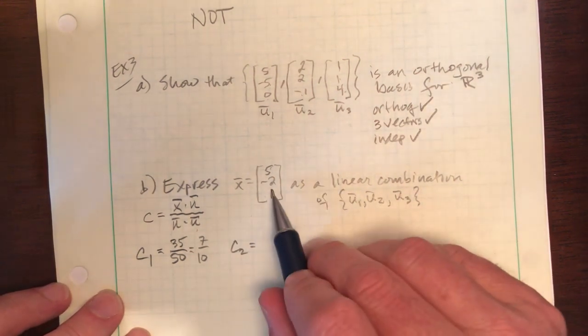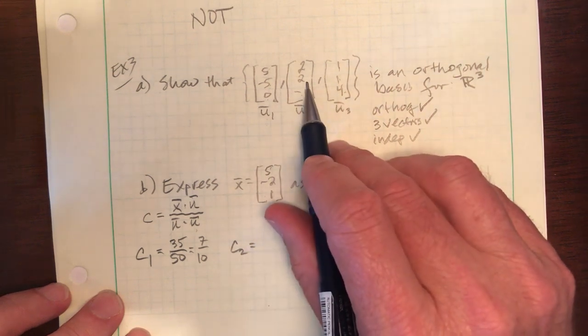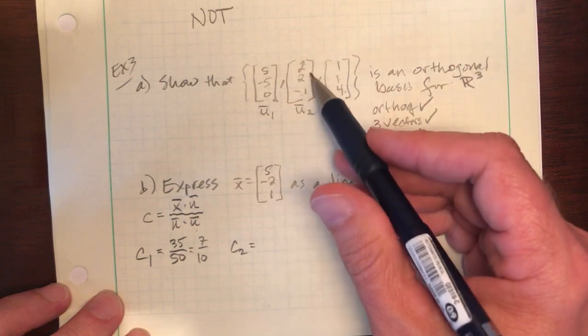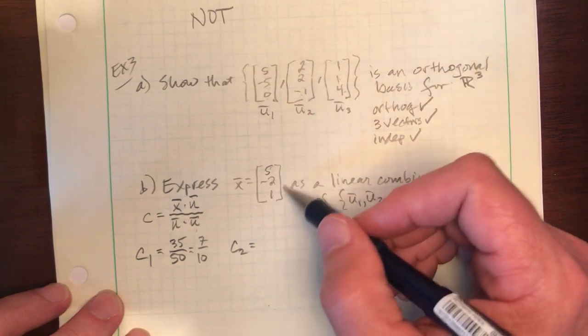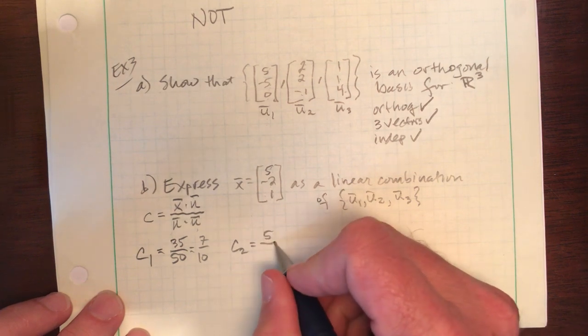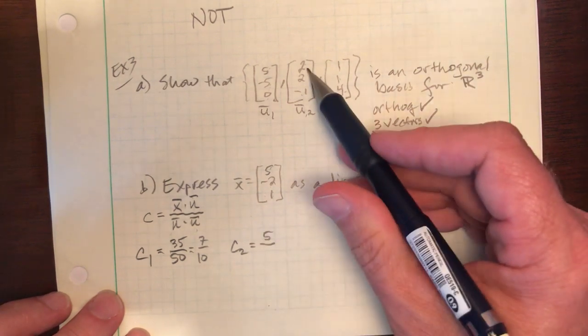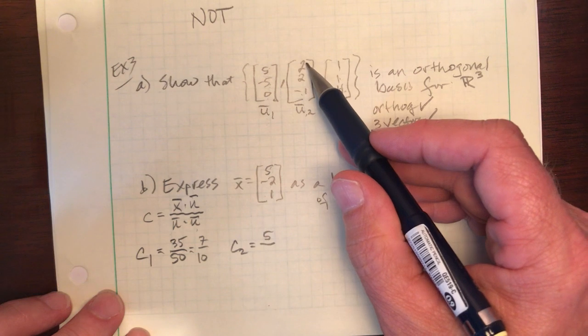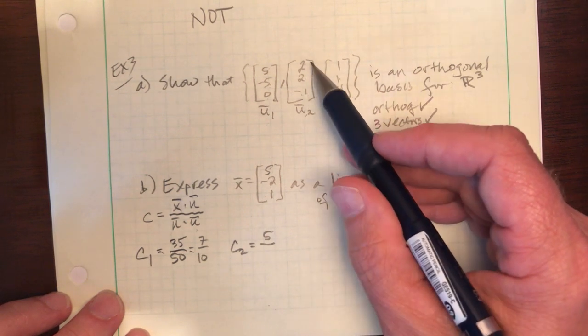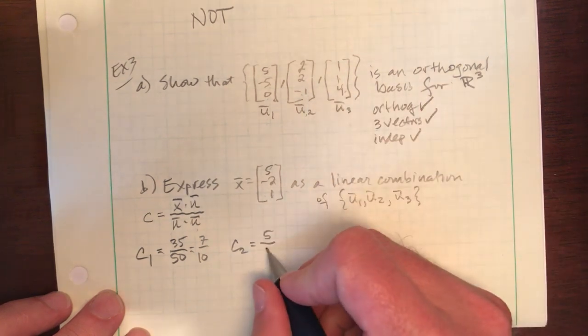My second scalar. Again, I start with my target vector and dot it with the second basis vector. So positive 10 minus 4 is 6 minus 1, so that's 5. And then my basis vector dotted with itself, 2 times 2 plus 2 times 2 plus negative 1 times negative 1, 4 plus 4 plus 1, 9.